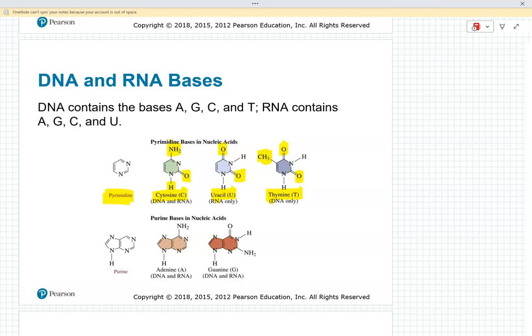So just a little highlight: uracil can be found only in RNA, while thymine can be found only in DNA. Purine bases are the same for RNA and DNA, and it's adenine and guanine. Again, you have this purine nucleus with the substituents to it. Does that make sense, everybody?